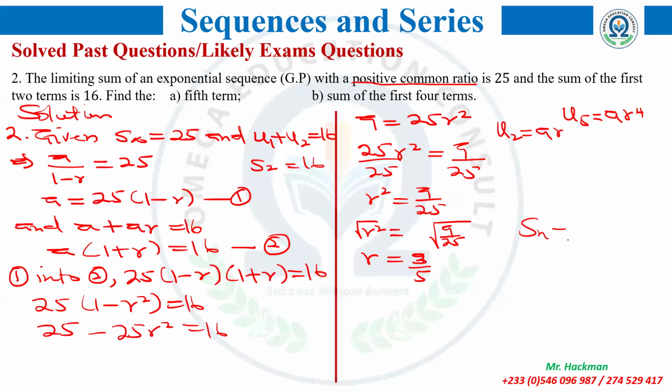What's the formula for S sub n? Our common ratio is less than 1, so you put A into 1 minus R to the power n all over 1 minus R. Do you agree? We know our A, we know our R, and for the sum of the first 4 terms, your n will be equal to 4. You substitute and you know how to move from here.